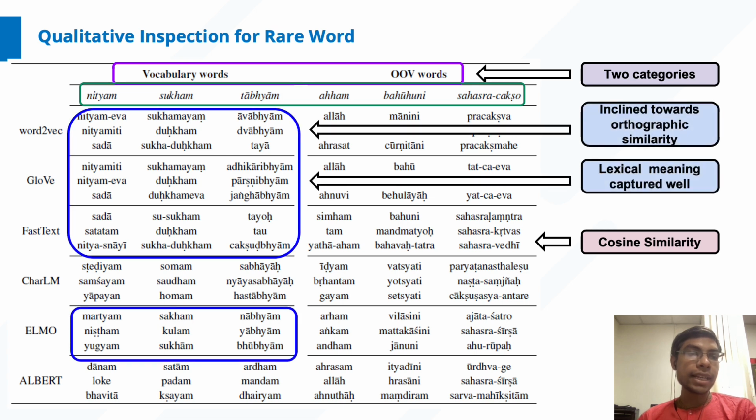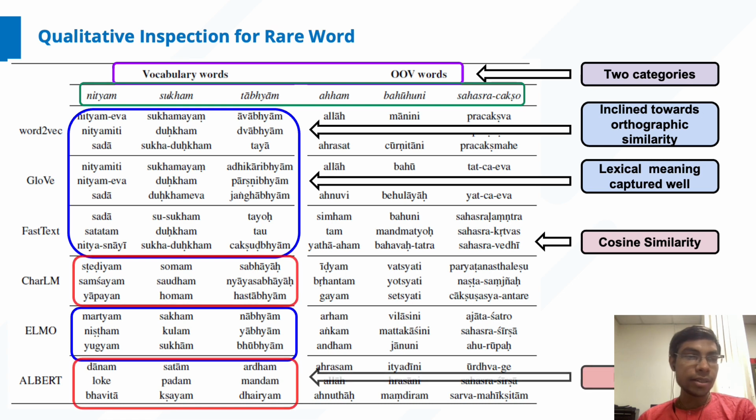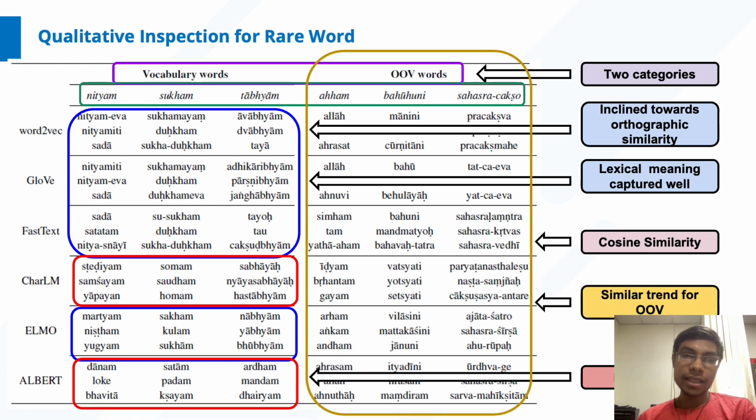We find that for these representations, the candidates are inclined toward orthographic similarity and lexical meaning is captured well. But for the character-level model and ALBERT, we do not see that the candidates are competent and lexically similar. A similar trend we also find in out of vocabulary words.